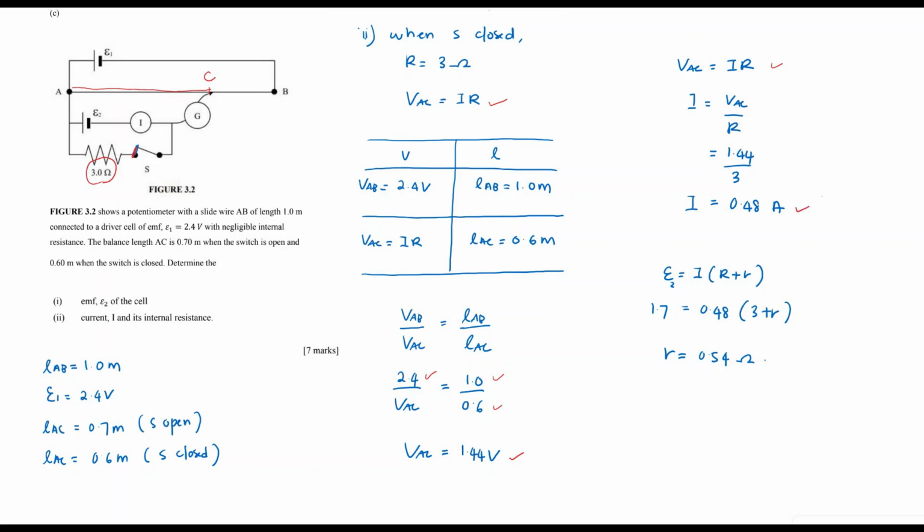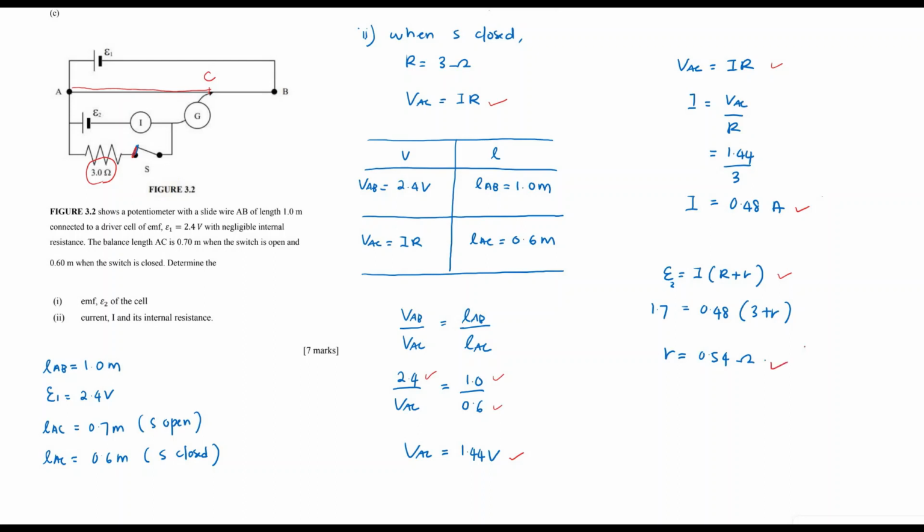To find internal resistance r, we apply equation E2 equal to I times R plus internal resistance. So substitute the value for E2, which is 1.7, we get from C1. I is 0.48 and R is 3 ohm. Okay, so calculate, we get internal resistance r equal to 0.54 ohm.